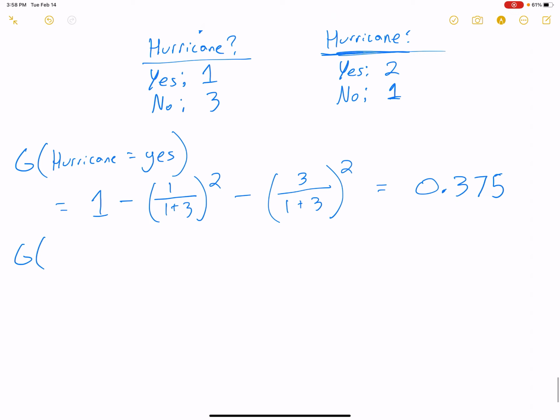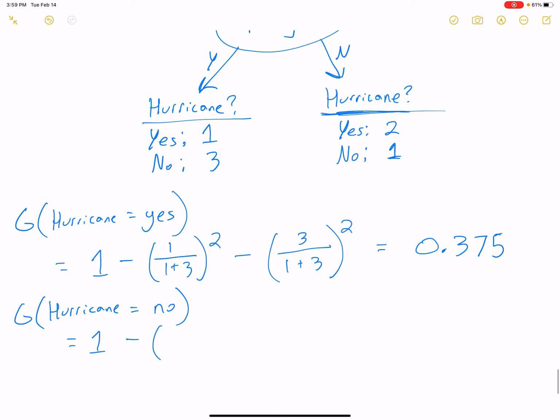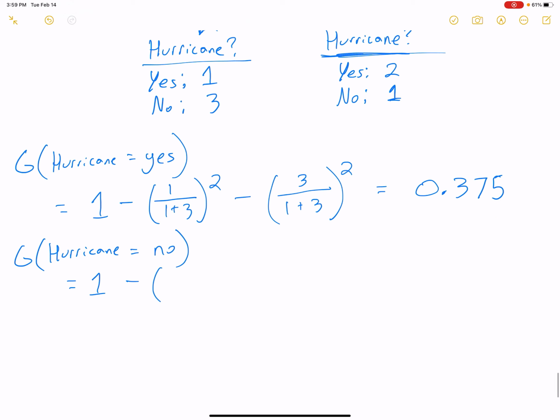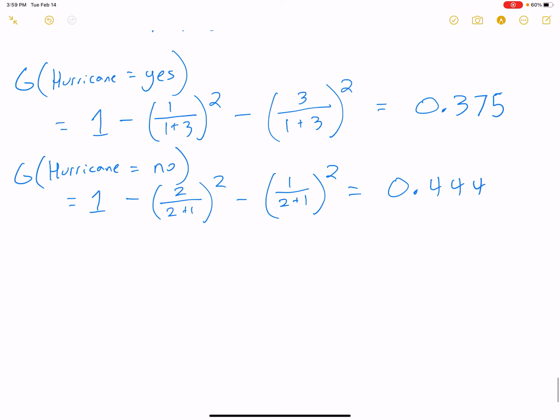We can do the same thing for rainy equals no. So 1 minus, now we have 2/3 for hurricane equals yes and 1/3 for hurricane equals no. It happens to give us that value, 0.444.